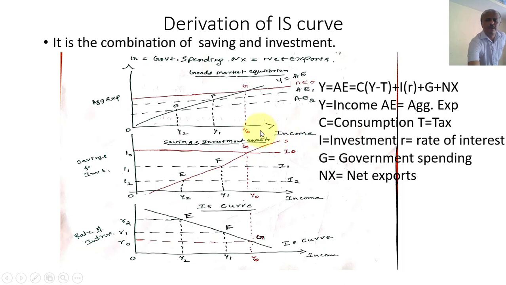At the same time, when aggregate income is equal to expenditure, this is at the 45-degree line which we have drawn here, where income is equal to expenditure.